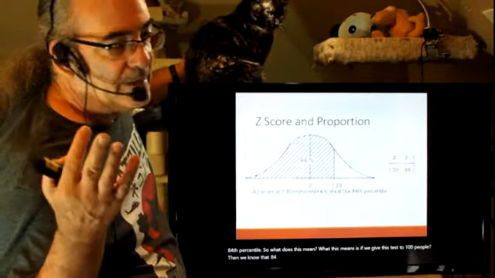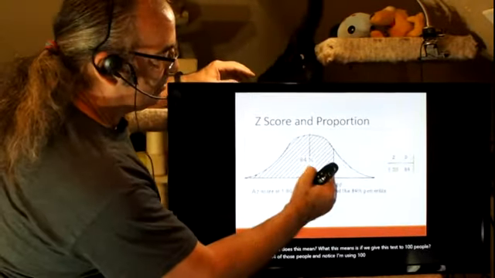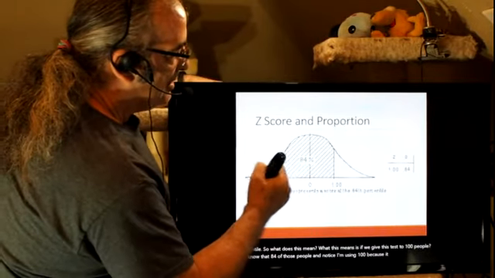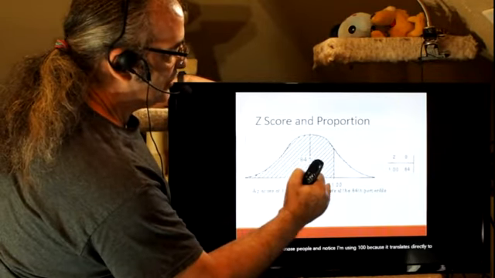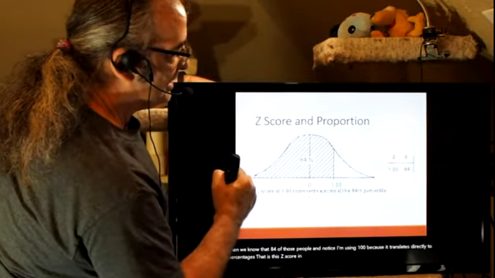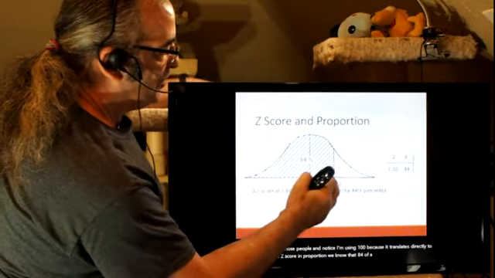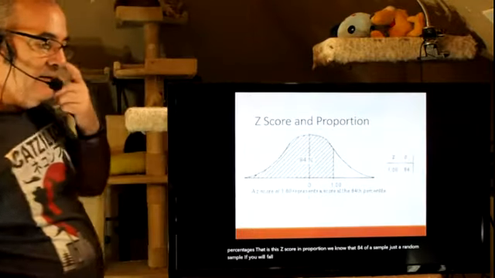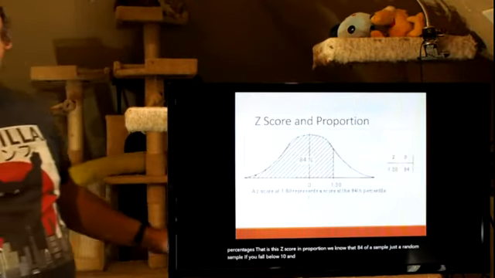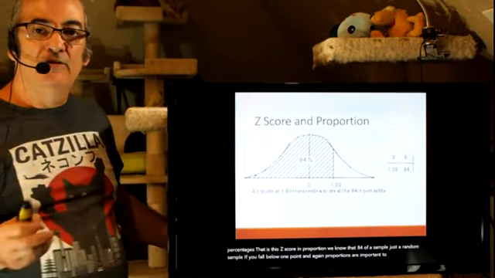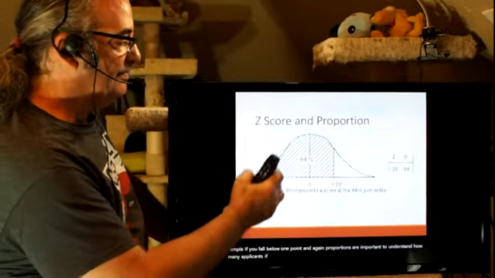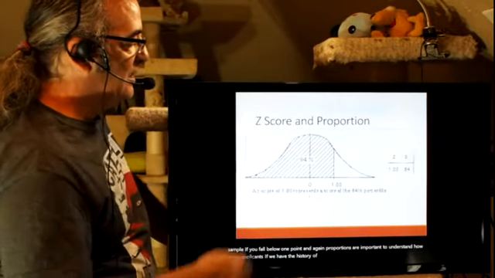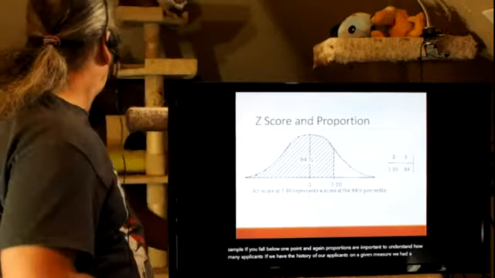Notice I'm using 100 because it translates directly to percentages. So 84% of a sample, just a random sample, falls below 1.0. Again, proportions are important to understand how many applicants we need. If we have the history of our applicants on a given measure, we had 100 applicants.